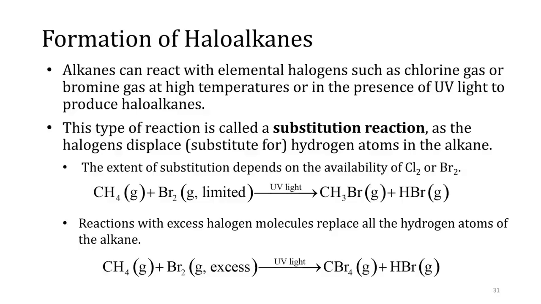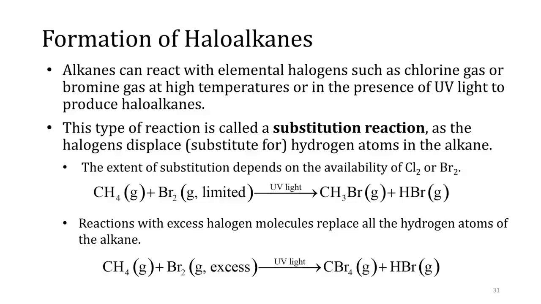And typically, if you do this sort of reaction, this is not what we call a selective reaction. It's kind of uncontrolled. So you turn on the UV light and you just start replacing the hydrogens, and you go until you're finished, and then you have to separate out your final product. So it's not easy to do this reaction to produce exactly 1 or 2 or 3 bromines. We have to do separation later on.